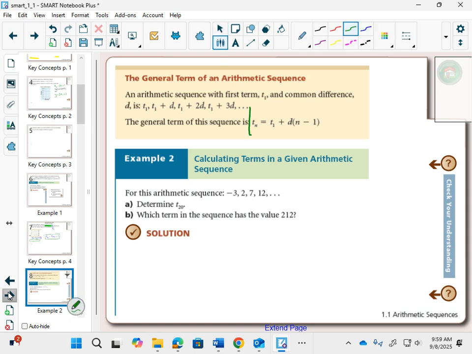I'll put a green box around it. Your general term is always your first term plus the common difference, and then you always multiply by n minus 1, because you're adding your common difference one less than every term. I'll get you a formula sheet probably tomorrow, and this is the first formula that's on your formula sheet.